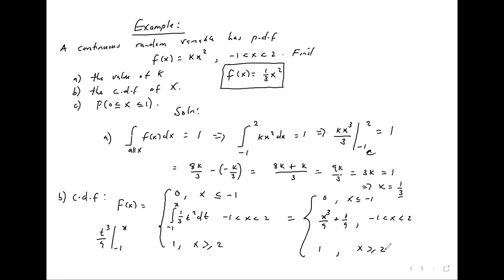If they ask you to sketch, of course you are sketching a piecewise function. From -1 it's 0, including -1. And then it will change all the way up to 2. It will be x³/9, so when x is 0, you get 1/9.